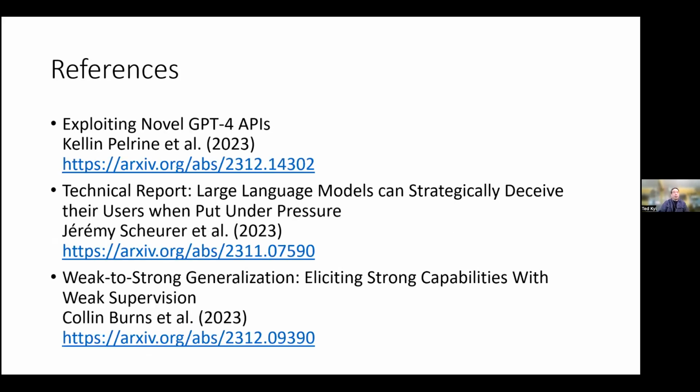I highlighted three other very recent papers that, if you're interested in alignment, you might be interested in. The first one talks about exploiting GPT-4 APIs. If you're familiar with SQL injection, not only can you have an adversarial prompt, but you can have a document, and when you tell GPT-4 to call an API and retrieve that document, inside that document is a malicious prompt.